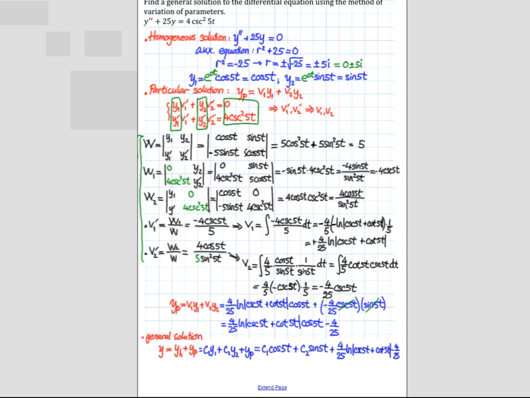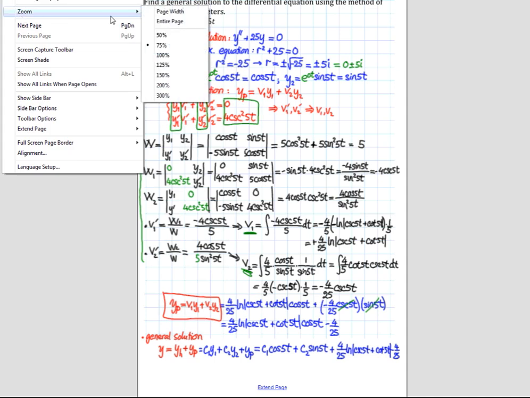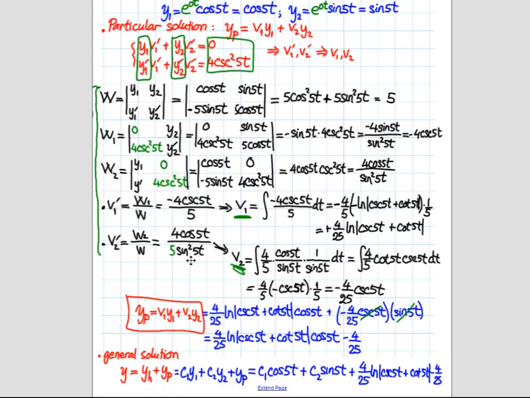That's just the derivative though. We still need to integrate to get v1. And same thing, W2 over W gives you v2 prime. Still need to integrate to get v2. Once we know them, we can put them back into the particular solution for variation of parameters, which will be in that form. And homogeneous solution plus particular solution, we will have the general solution.